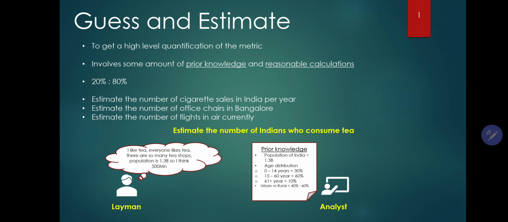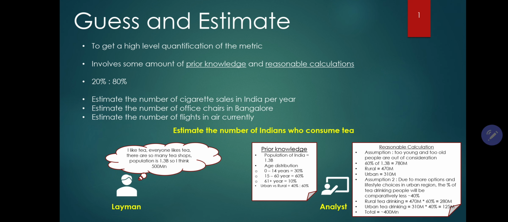He knows the age distribution: 30% are minors, 60% belong to 15 to 60 years of age, and 10% belong to 61 plus. He also knows the distribution of urban and rural populations, which is 40 and 60%. Using this prior knowledge, he will do some reasonable calculations on top of it.